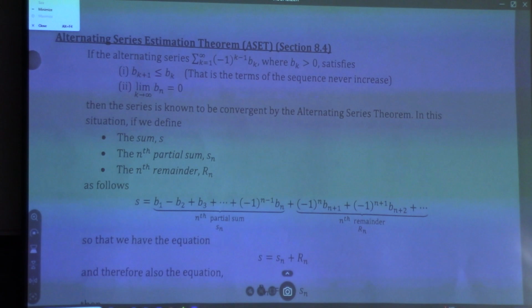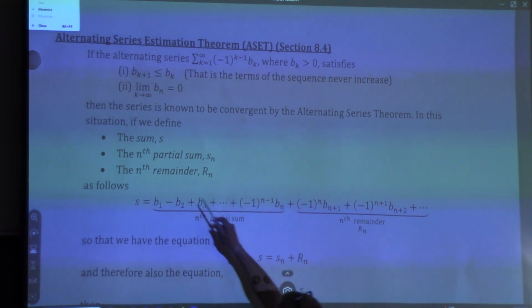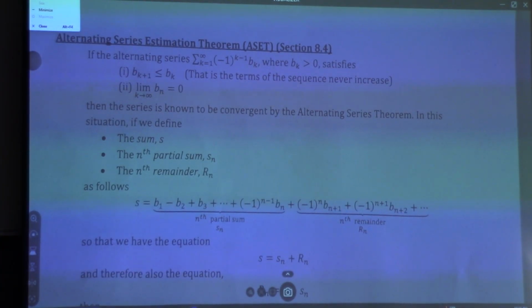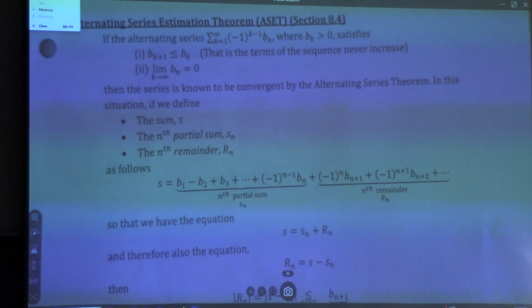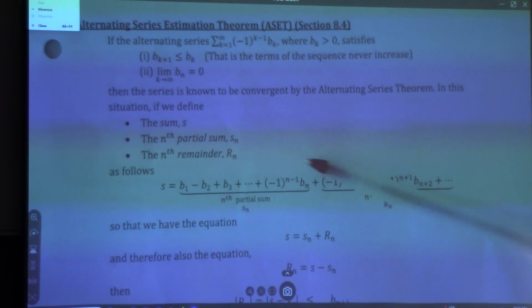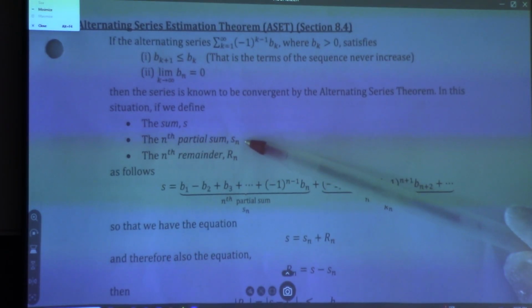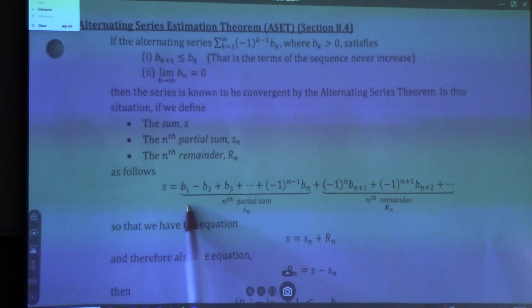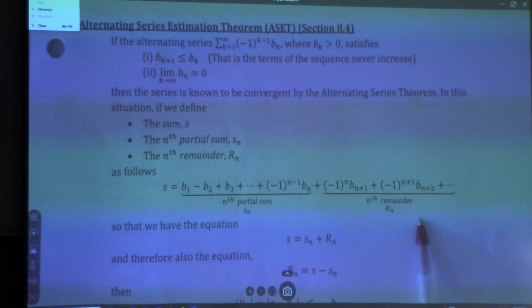Okay, so in the case of an alternating series that meets those requirements, we know the series converges. And this theorem is about this. If we define S to mean the sum of the whole series, and we define the nth partial sum to be the sum of the first n terms, and then the nth remainder to be the sum of all the remaining terms, then clearly these two things add up to the whole series.